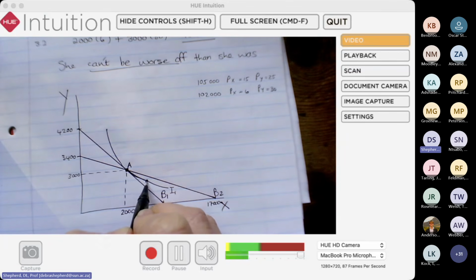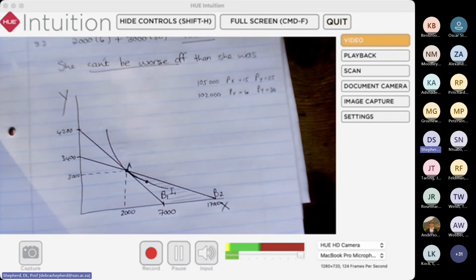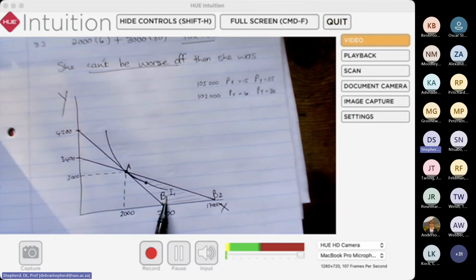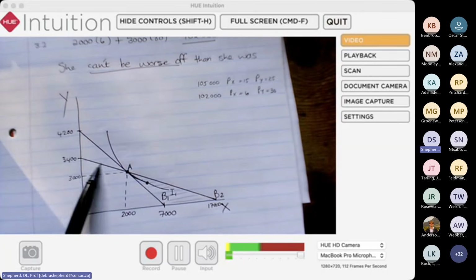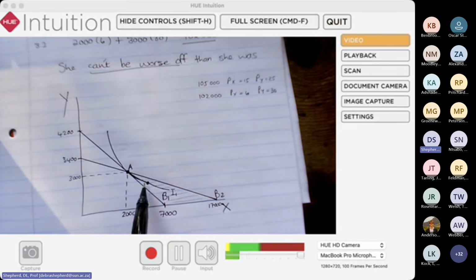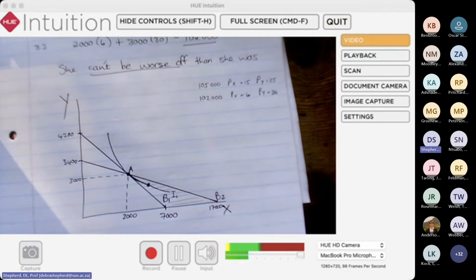So if she had to be at a point like this, which she can now consume because all of these bundles here, they represent new possibilities for her. They represent feasible options. These are bundles that weren't affordable with B1, but are now affordable with B2. So this point here, she can stay as happy as she was last year, and she can afford it.